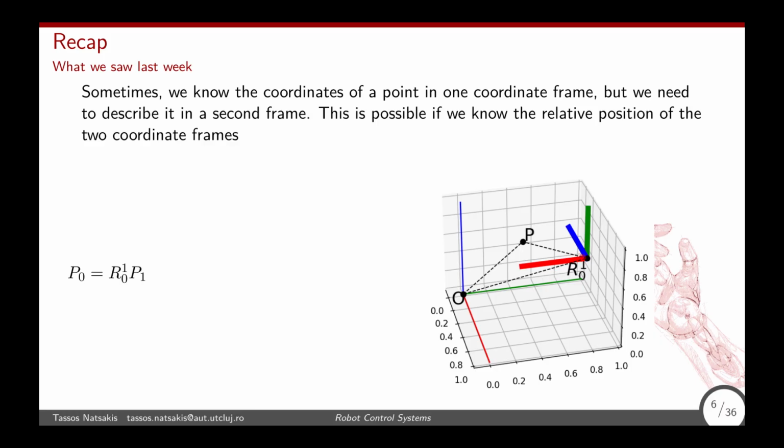If we want to transform these coordinates to another frame, so we know what are the coordinates of the same point but with respect to another frame, let's say we want to know it with respect to frame 0, we can do this if we know the transformation of frame 1 with respect to frame 0, which we call R01. Or another way to think R01 is the transformation that takes us from frame 0 to frame 1, the action of movement.